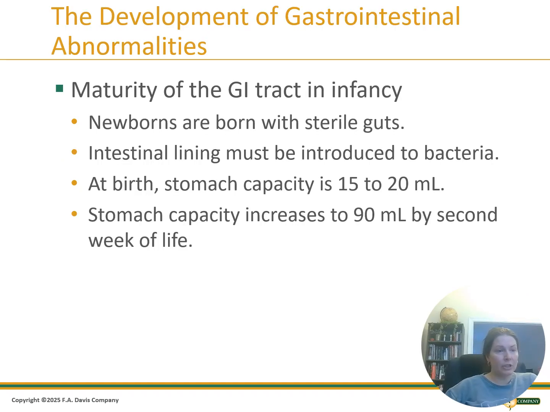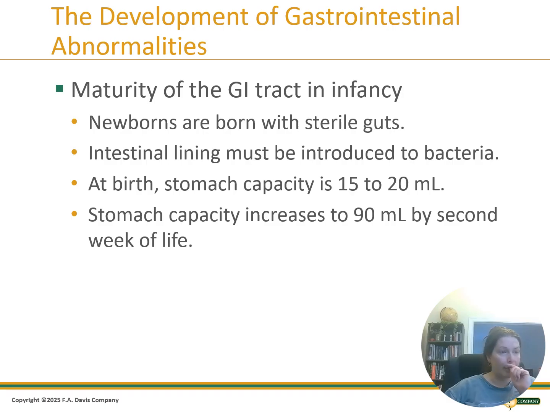So in infancy, the GI tract is immature and it's going to continue to develop after birth. Newborns are born with a sterile GI system. Normal intestinal bacteria are gradually introduced through feeding and then environmental exposure. This is essential for their digestion and immune system development.